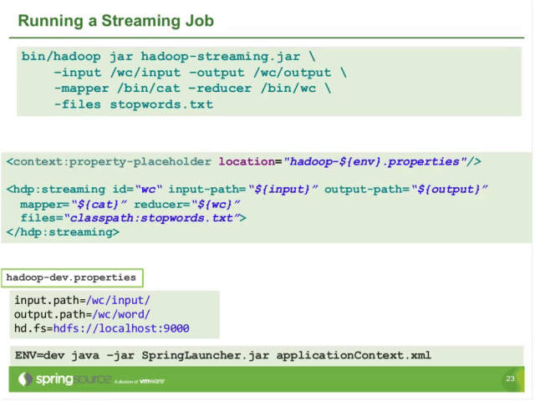Again, we're using property placeholders here, but we're doing a bit of a spin. In this case, we're using the Spring 3.0 property placeholder alongside the environment abstraction.